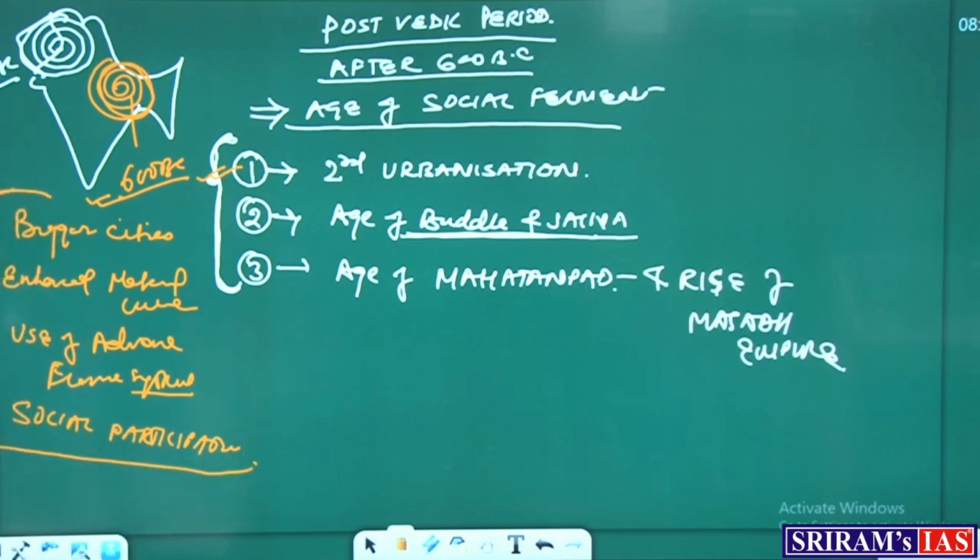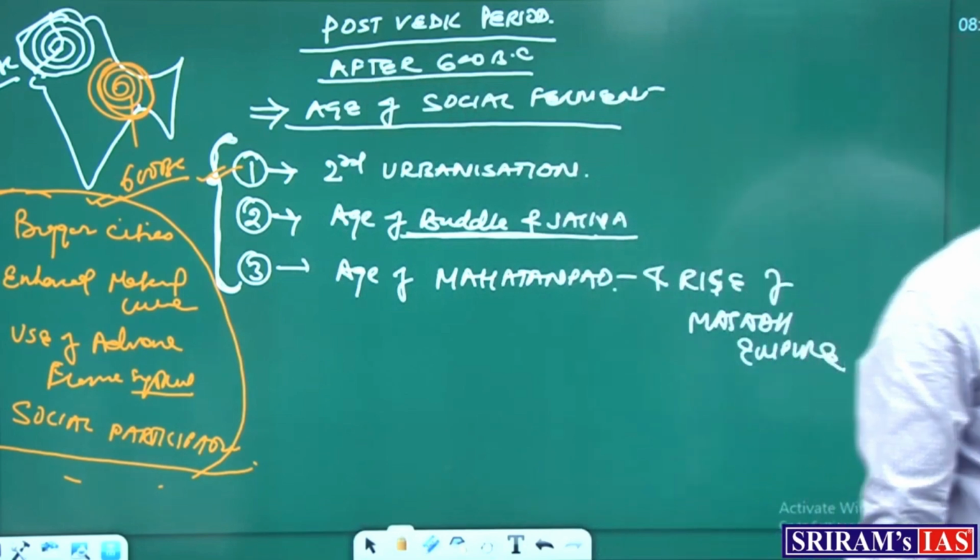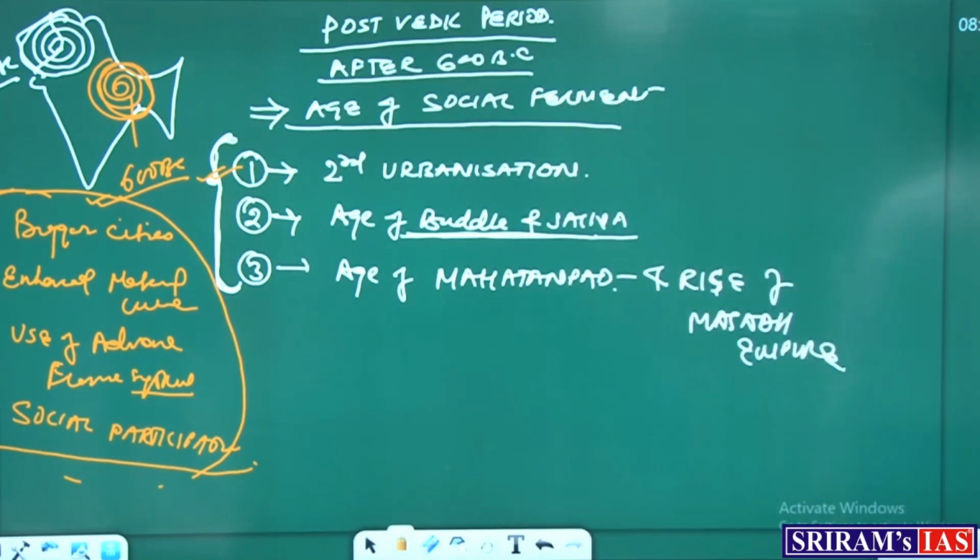Because of Buddha and Jaina, social mobility was very high, and this is the reason why the participation of the society in urbanization was also very high. Therefore it was not confined to any class or area, it was a huge Gangetic Valley. So that makes this civilization very intense. Now understand one thing.